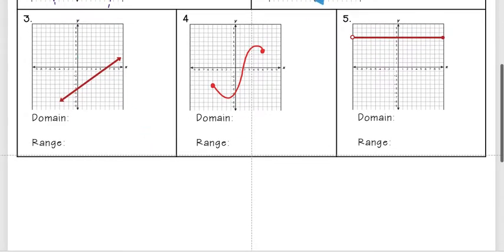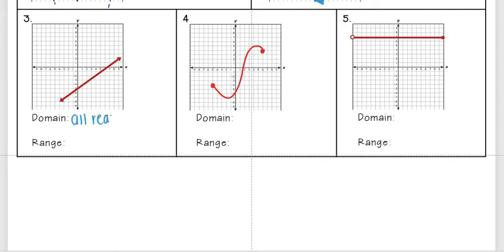Okay, now let's look at number 3. And this time I have arrows on both sides of this line. I have it that this line is continuing forever to the left and it's continuing forever to the right. So for domain, since I want to know all my x values, well, since it continues forever in each direction, it's actually just going to be all real numbers.